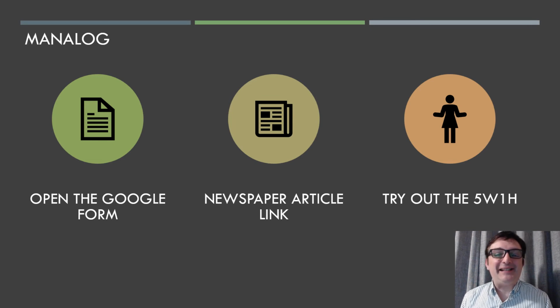So finally, it's time to head to Monologue and open up the Google form. At the end of the questions this week, there's a section which will link to a newspaper article, and I'd like you to practice using the 5W questions and see what ideas you come up with.